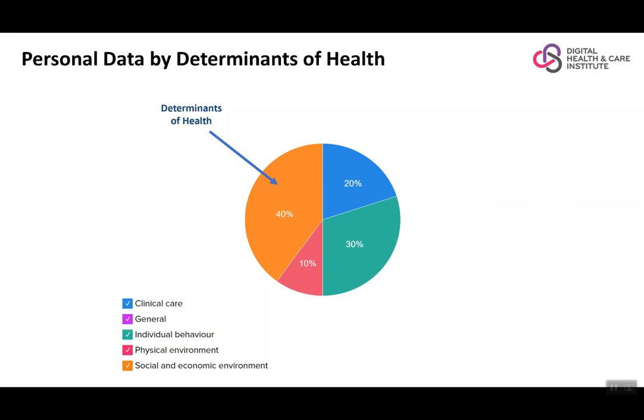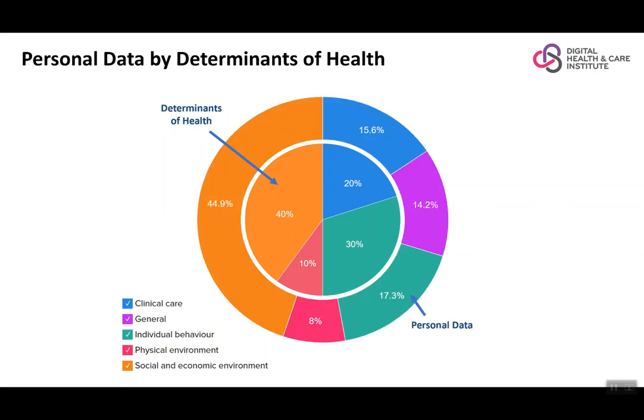Now, what we've done over the course of the last few years of co-design and industry engagement is mapping personal data items. We've got about 225 in a list that we've just been curating as we go. So not systematic, but just to have an idea of what we're dealing with, and we categorize that against the social determinants of health.